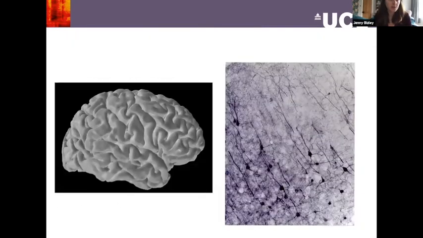Okay, so this is a human brain. If we zoom into this human brain, or indeed the ferret brains that we were actually recording from, you'll see that they're comprised of millions of neurons, individual nerve cells.